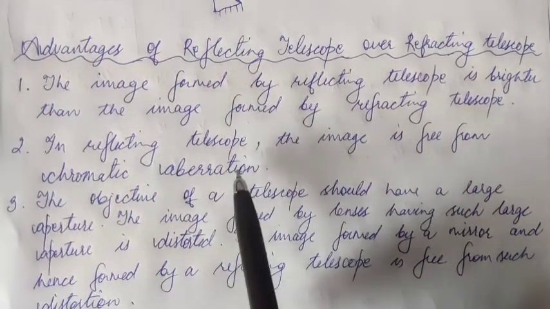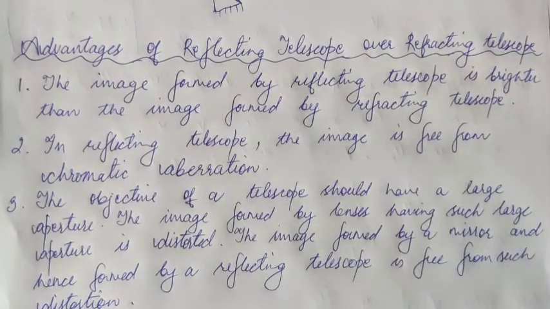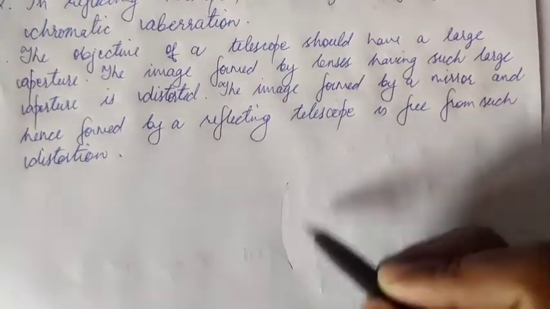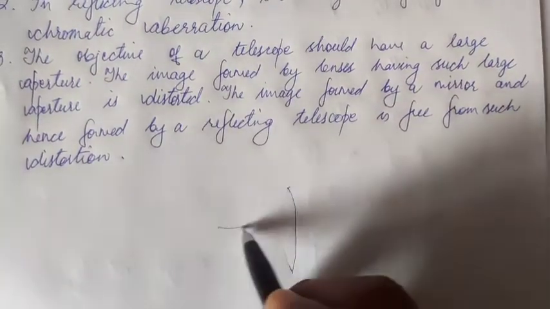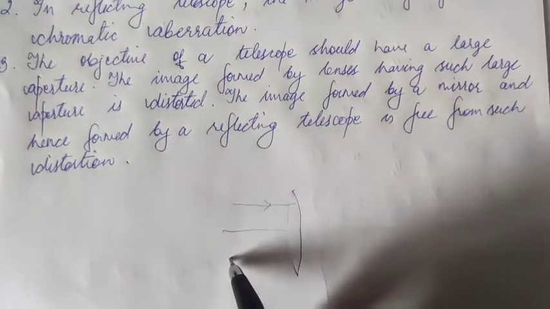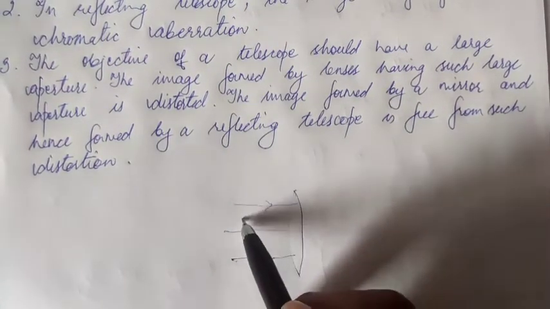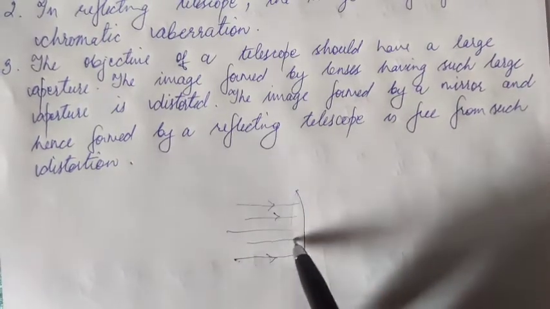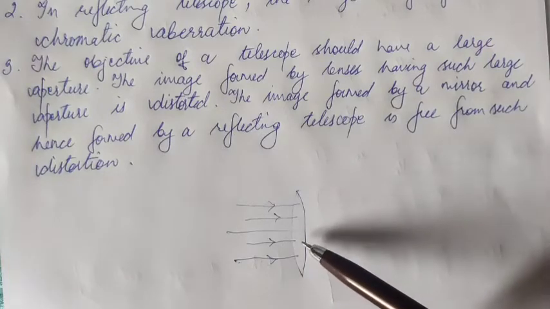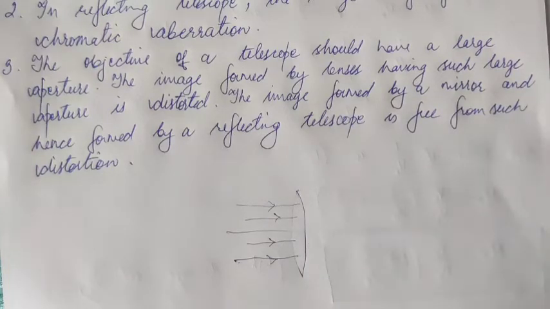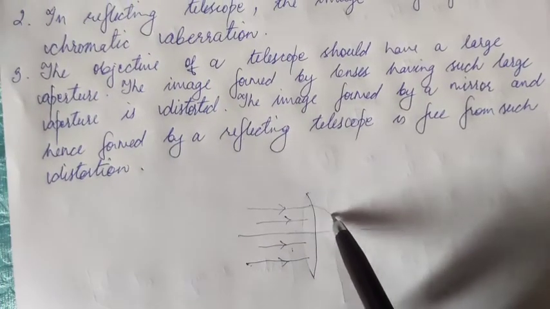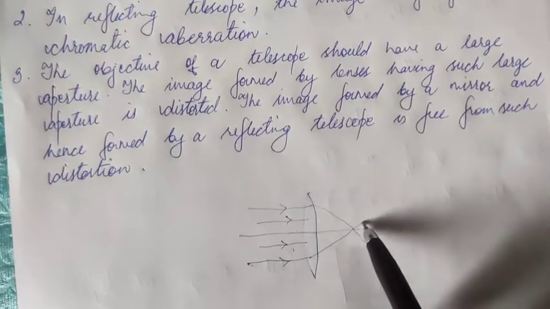And in a reflecting type telescope, the image is free from chromatic aberration. Now, what is chromatic aberration? In the case of a lens, we have light of different colors, say red light and blue light coming. For different colors of light, the refractive index of a certain material will be different. Ideally, all these different colors of light should have been focused at the same point.